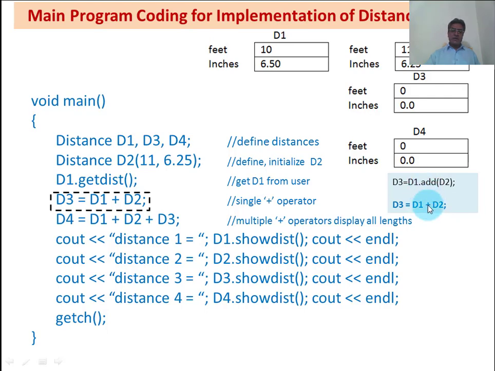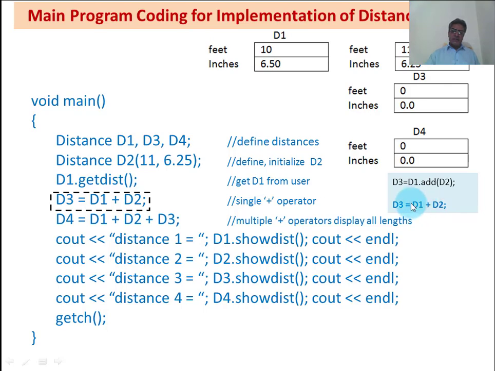That is, the plus operator will work just like an add function. As D1 was activating the add function, here D1 is the first operand and D2 is the second operand for the plus operator.